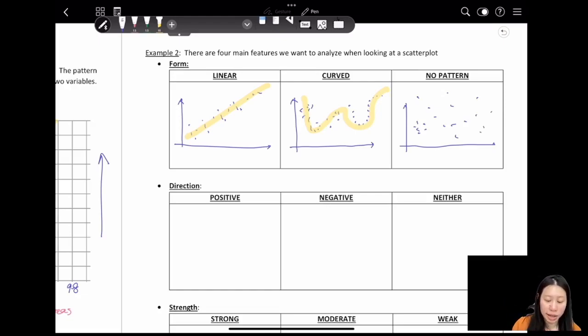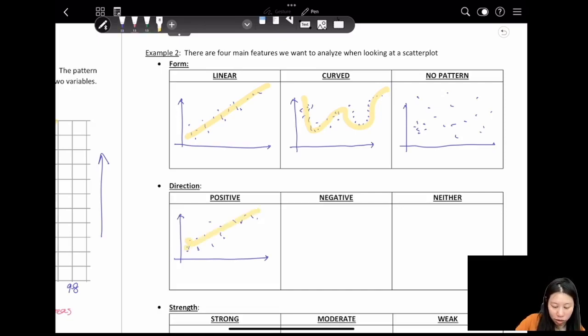Okay, so when it comes to a linear scatter plot, they have three directions. One is positive, negative, and neither. If it's positive, that means the data in general you will see going up. What do you mean going up?